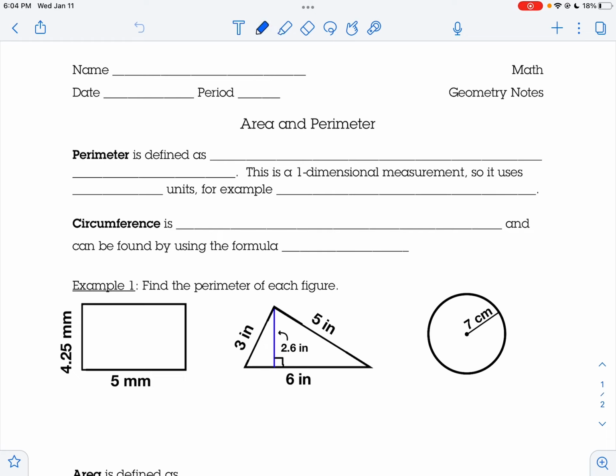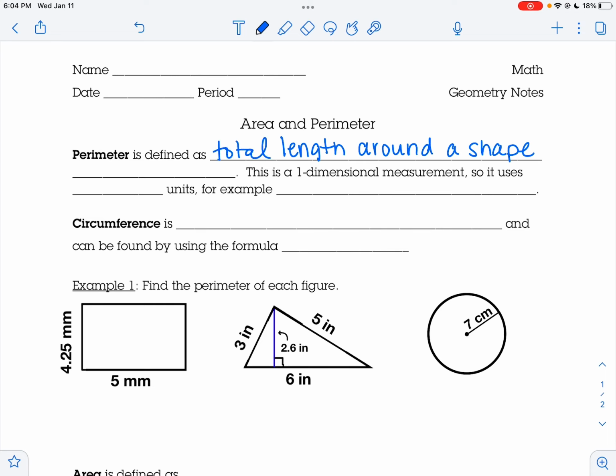So most of you probably remember perimeter is defined as the length around a shape. I think when I wrote this outline, I had a longer definition in my head. But this is the total length around the shape. So maybe we fill in the word total.